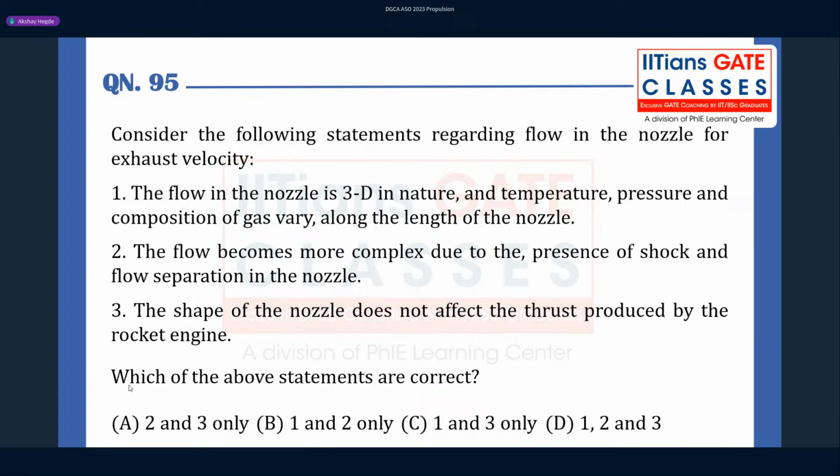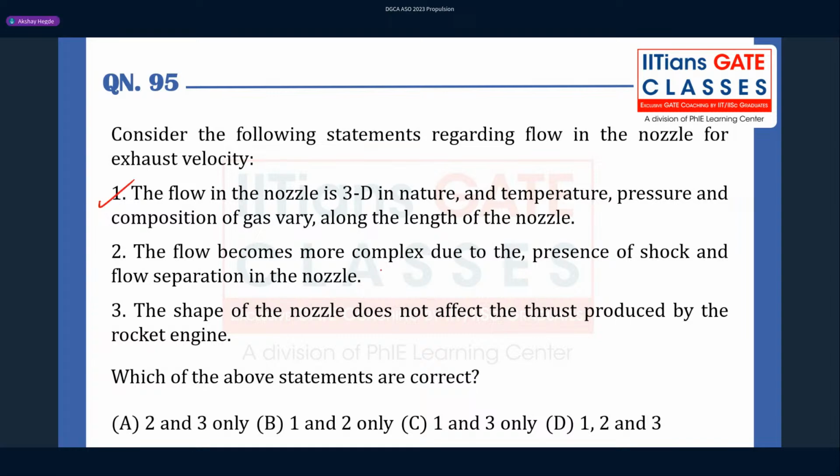That is an assumption to make an analytical model. But in realistic scenarios, we do see the flow to be three-dimensional and viscous. Because of that, the composition and other things, the temperature, enthalpy, everything varies as the flow expands through a nozzle. So this is a true statement.